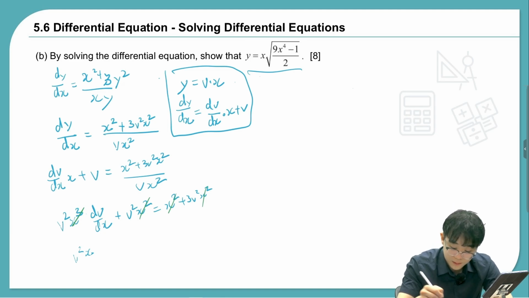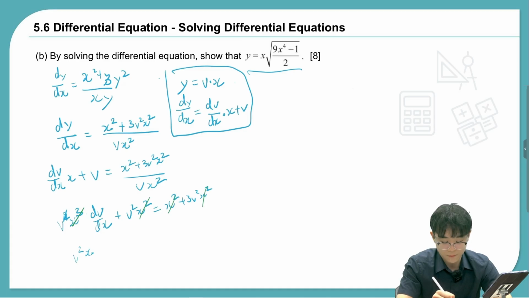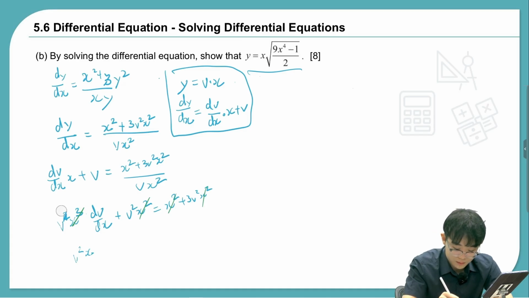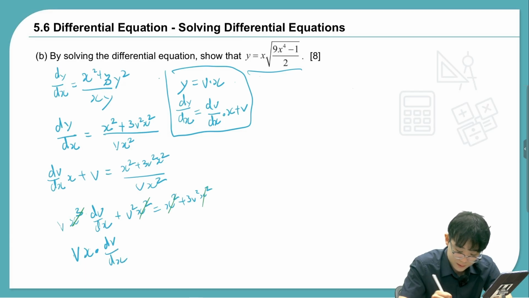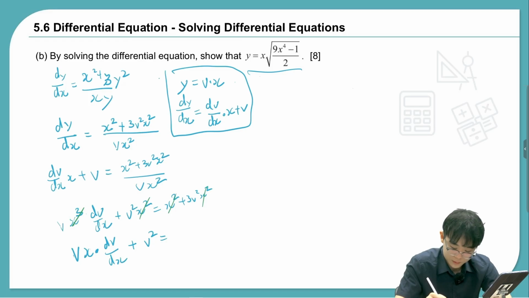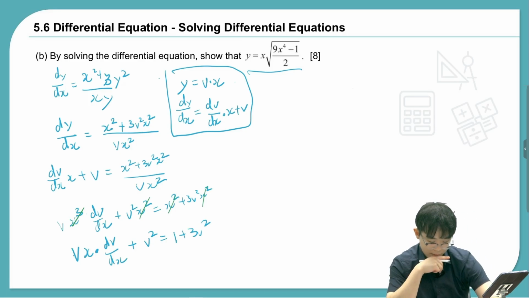Actually, this would just be vx. So we would get vx times dv over dx plus v squared, that equals 1 plus 3v squared. Okay, so that's what we get.